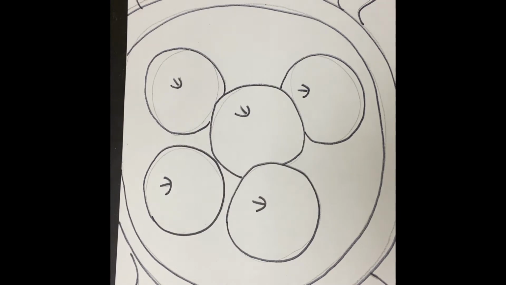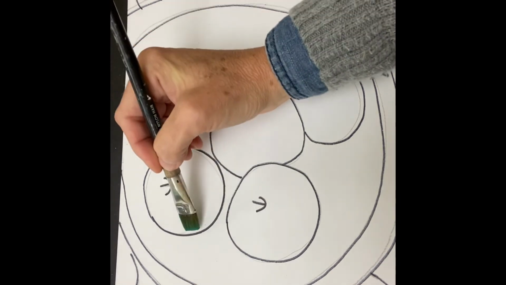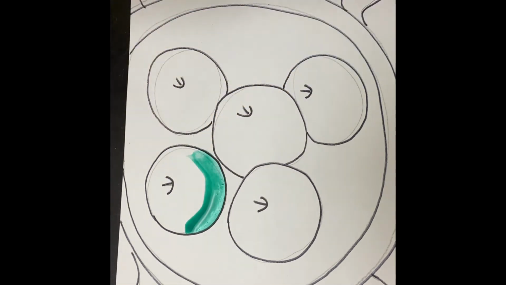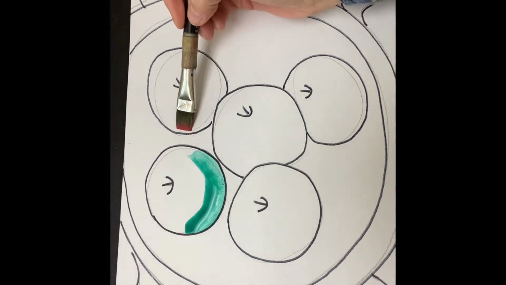Okay, so I'm going to start, and apples are rarely just one color. So I'm just going to put a little swirl of a color in each one of the bottom parts of my apple. I'll show you what I mean.